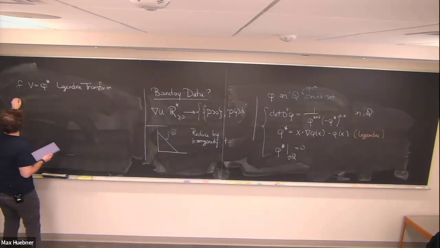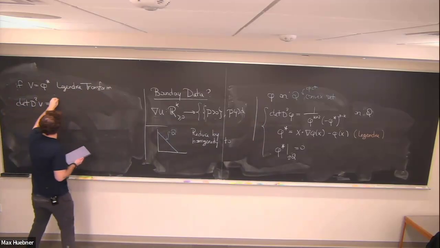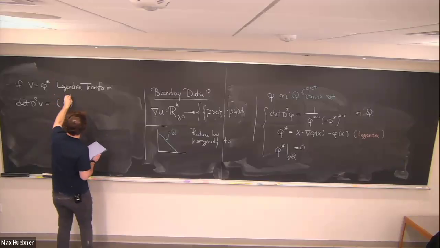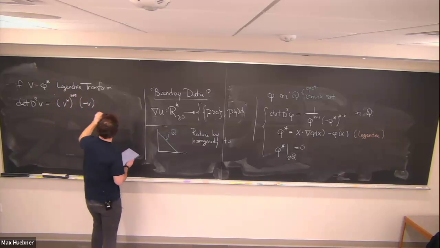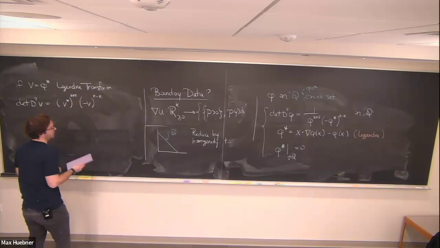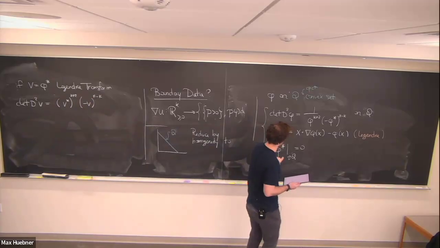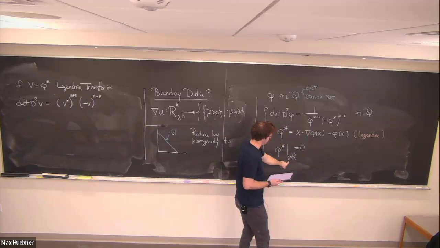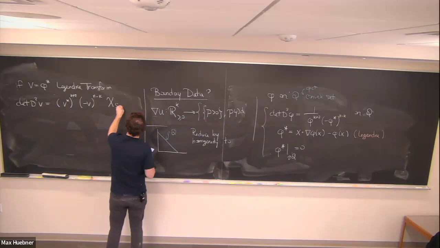So what you get is the determinant of V is V star to the k plus 2 times minus V to the n minus k, on the image of the, so the Legendre transform is defined on the image of the gradient map, which by this boundary data is the set where V is negative. So you get something like this.